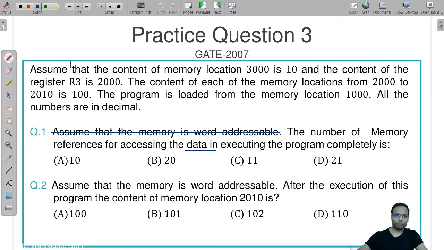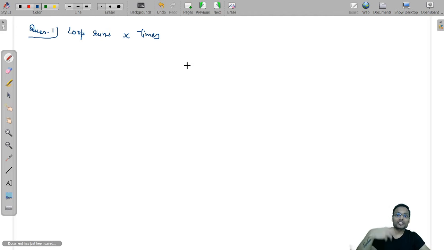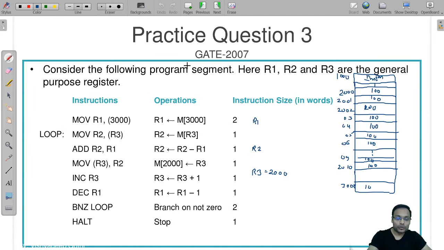So let's assume the loop runs X times. Every time the loop runs, multiple instructions are executed, so the number of memory references can increase when running the loop, if the loop has memory references.